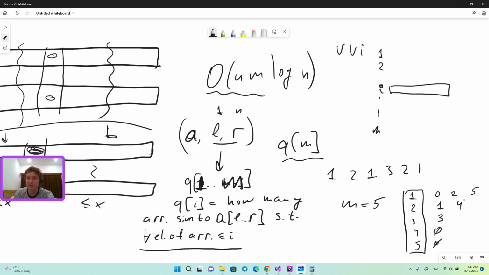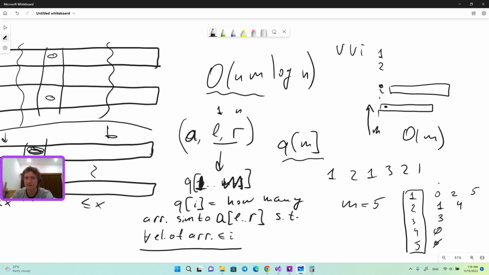So this is an auxiliary array which I pass to this procedure. And with this array, I can find the leftmost maximum in O of m time. How do I do it? I just go from the end to the beginning, and I find the first non-empty array. And in this array, I take the first element.